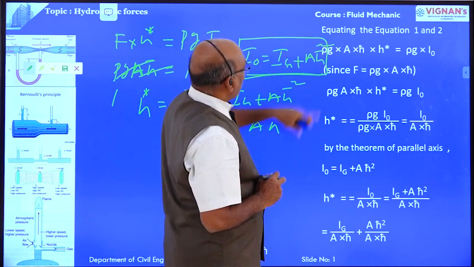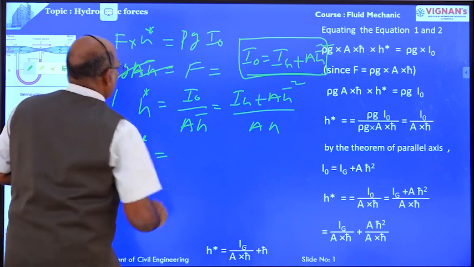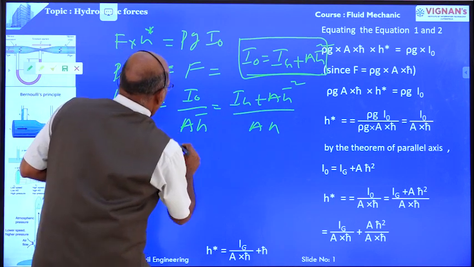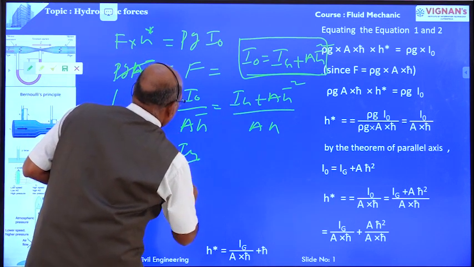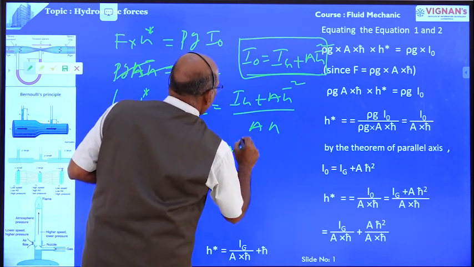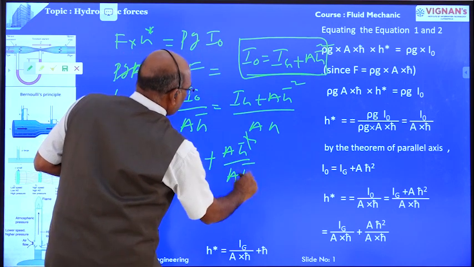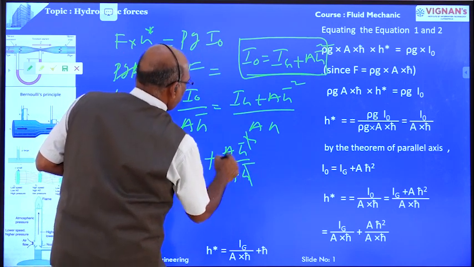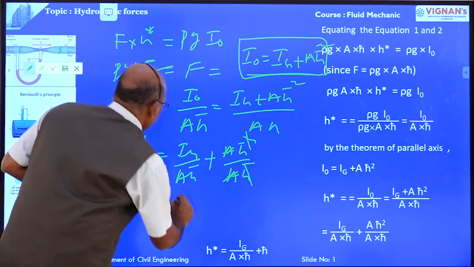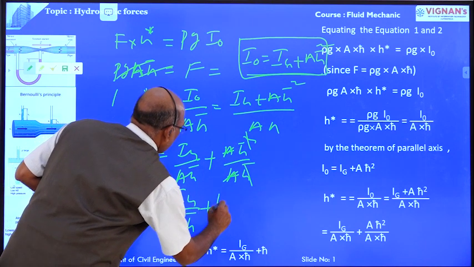Right? Now this is equal to h star, the distance of the center of pressure from the free surface, which is equal to Ig divided by a h bar plus a h bar square divided by a h bar. The h bar cancels, a cancels. Therefore, h star is equal to Ig divided by a h bar plus h bar.